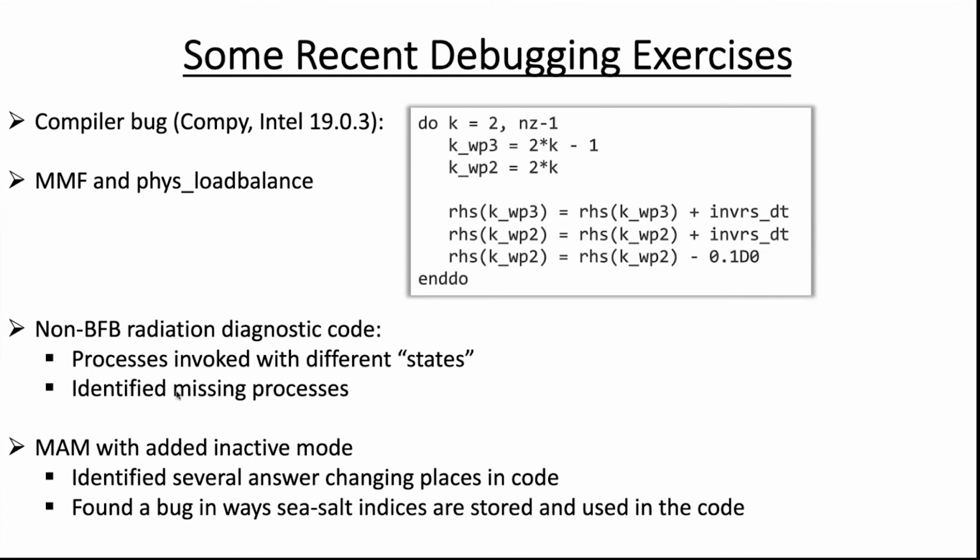And I also found bugs or problems with the radiation diagnostic codes using this tool, and also the MAM code. I found issues with the MAM code and fixed those issues using this tool. And I know Hui-Wan and others have used this tool in their SciTech project as well. So these are some of the recent exercises I went through using these two tools.